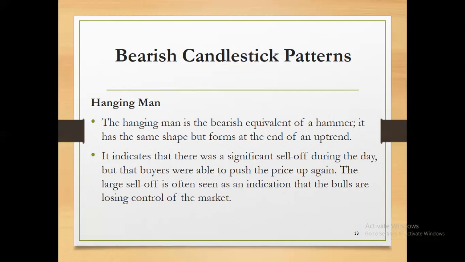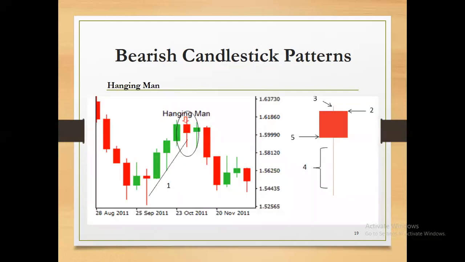This indicates that there was a significant sell-off during the day, but that buyers were able to push the price up again. The large sell-off is often seen as an indication that the bulls are losing control of the market. This is how it looks.